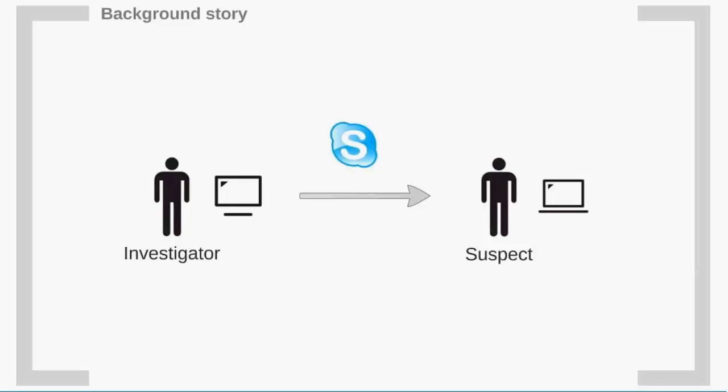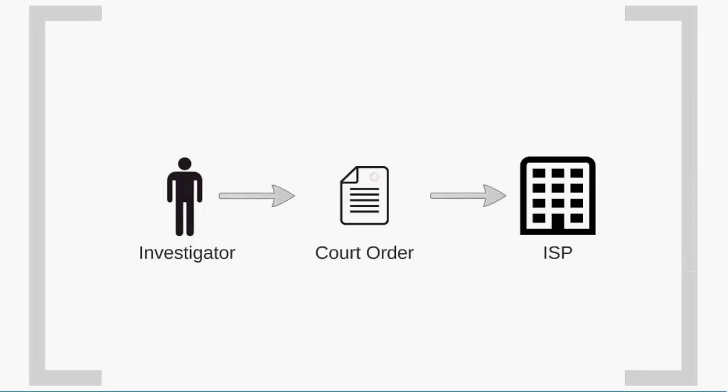Then the investigator runs IEF on their own computer, runs it against the Skype files that are on their workstation that was used to conduct the chats, locates IP addresses for the suspect, and through that is able to obtain a court order, may be called a production order in Canada or a subpoena in the United States and other countries.